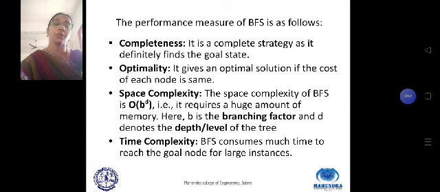Space complexity of BFS is O of b power d, where b is the branching factor and d is the depth or level of the tree. In time complexity, BFS consumes much time to reach the goal node for large instances, and the memory space occupied is large. To overcome this drawback, we introduce depth first search.